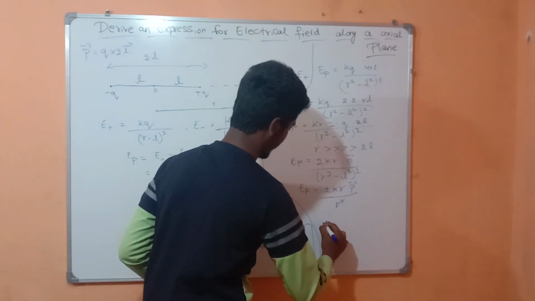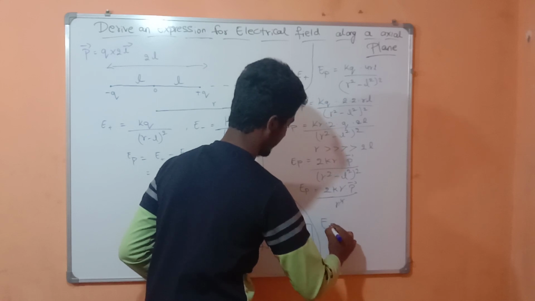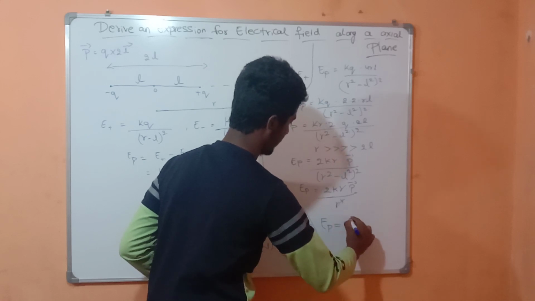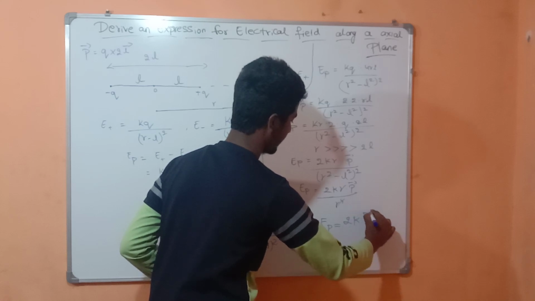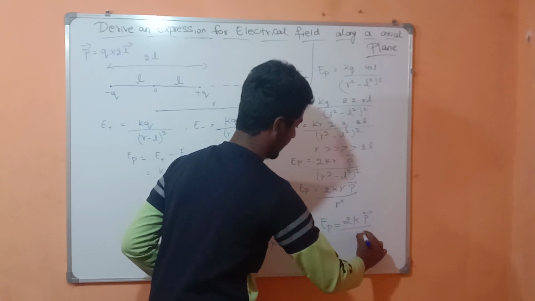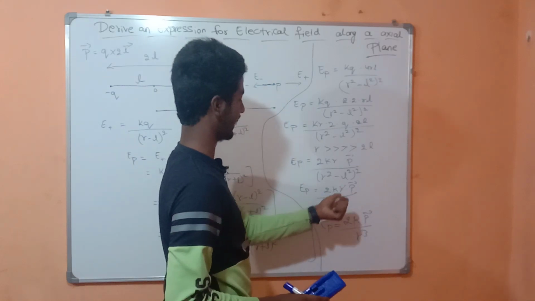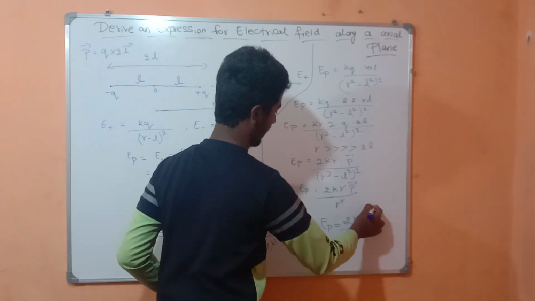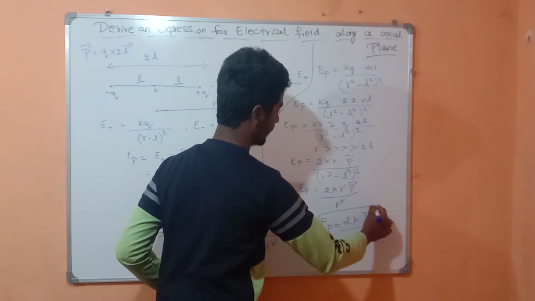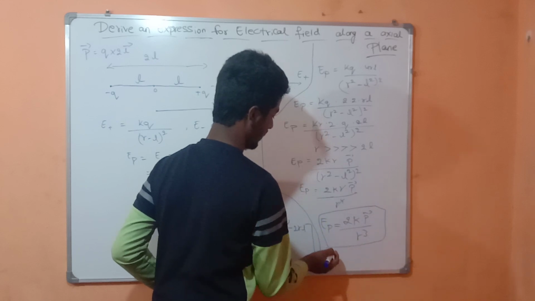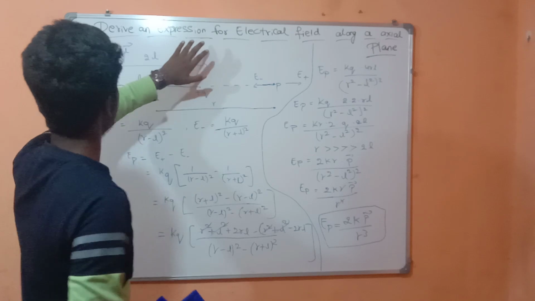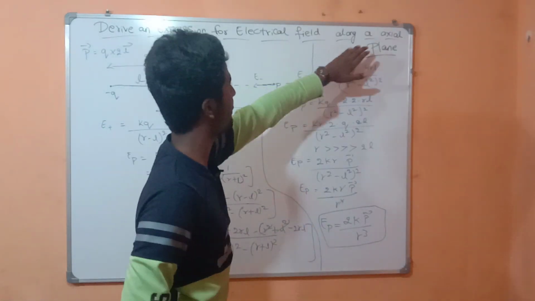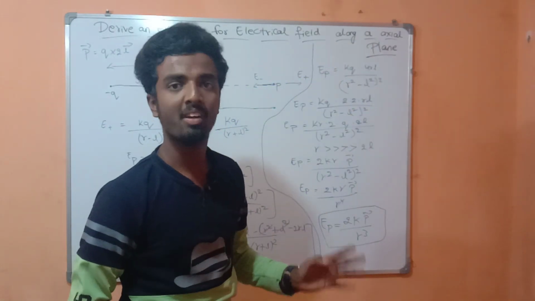One R gets cancelled. What is the remaining? The electric field at point P will be equal to 2 times KP divided by R cube, because one R is cancelled and R cube remains. This is the expression for the electric field along an axial plane, children.